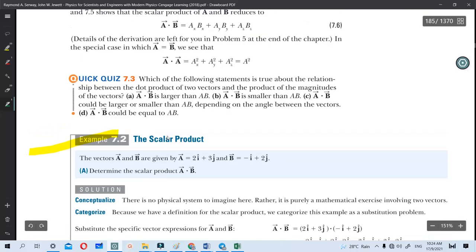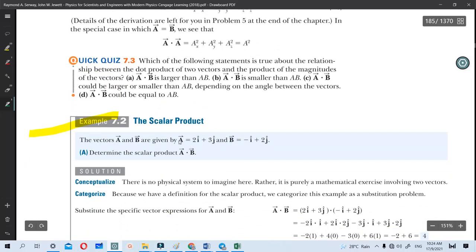To reflect on the concept of the scalar product, you are given A and B as shown, and you are asked to calculate the scalar product A dot B. If you can still remember the earlier concept, you must multiply I with I, and J with J, and then add them together.